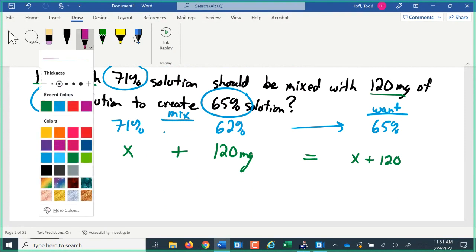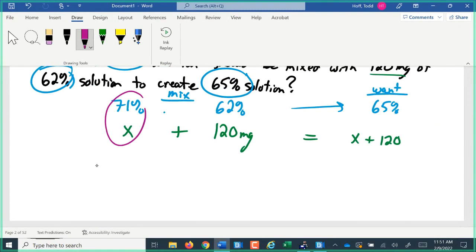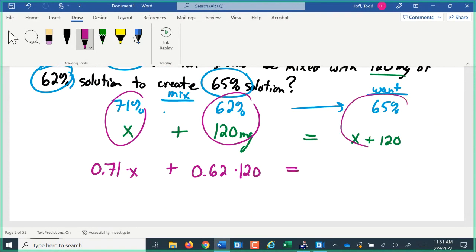And then, of course, we have to find the equation for the total amount of solute. Well, this is 0.71 times x plus, this one will be 0.62 times 120 equals, this one is going to be a concentration of 0.65 times the amount there will be x plus 120.